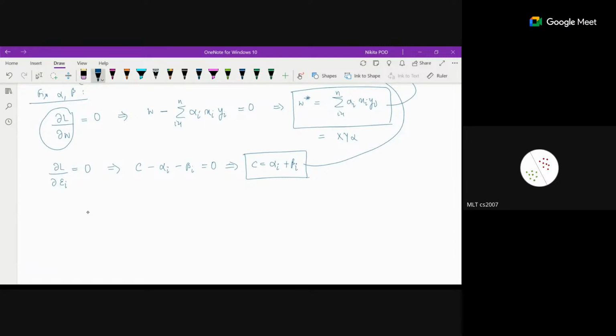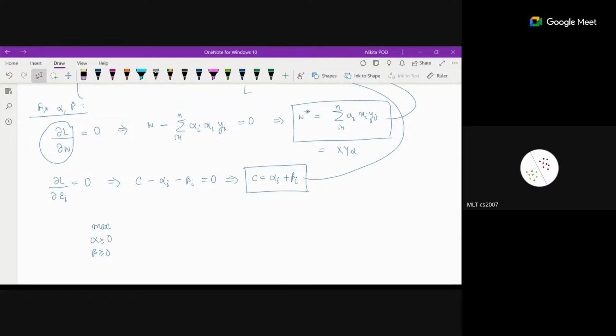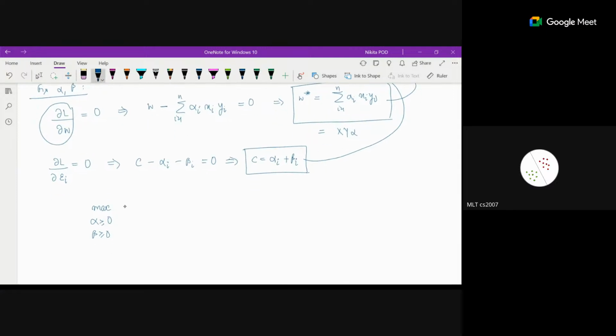so you had max of alpha greater than equal to 0, beta greater than equal to 0. This term again stays the same. So you have alpha transpose 1, this is a vector, minus 1/2 alpha transpose y transpose x transpose x y alpha.